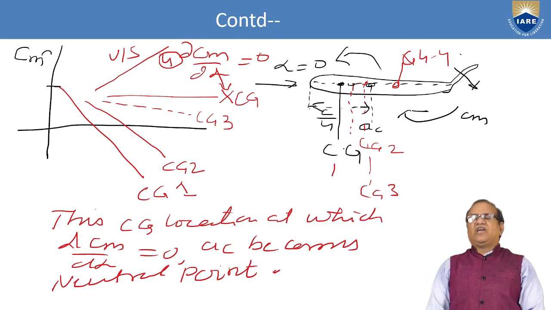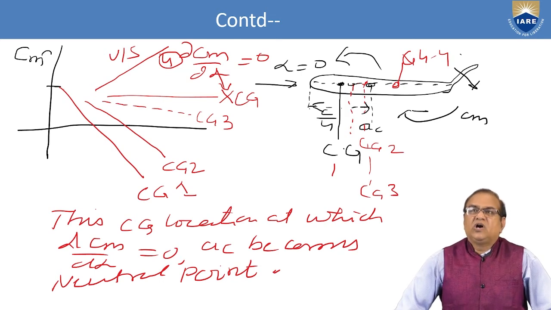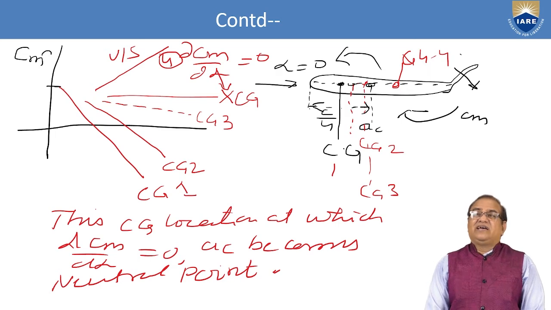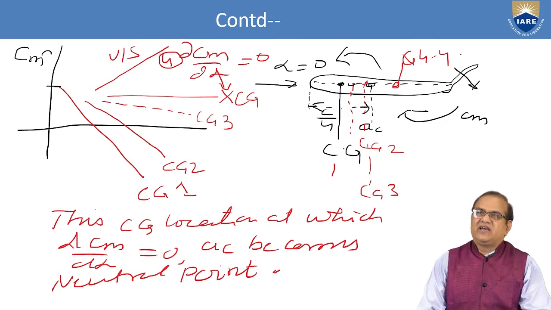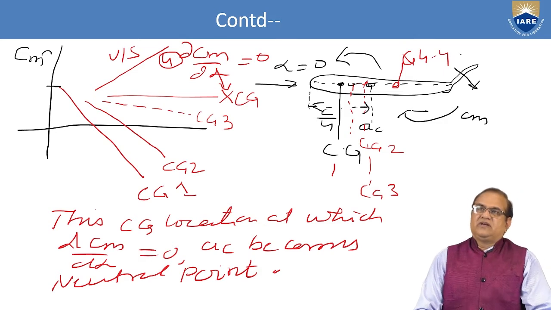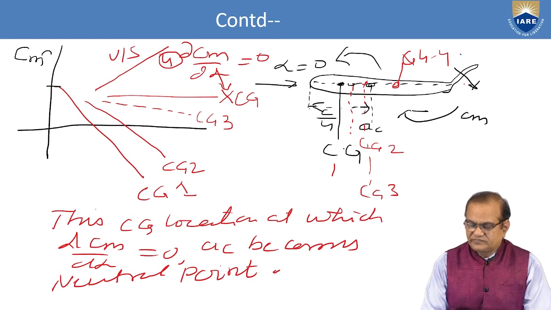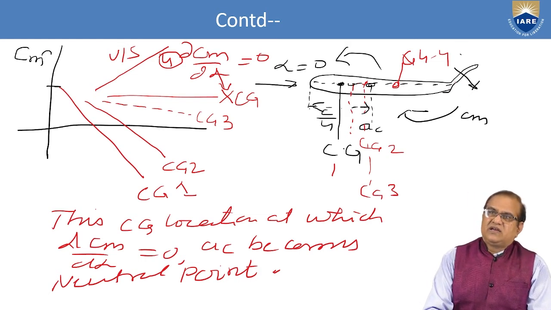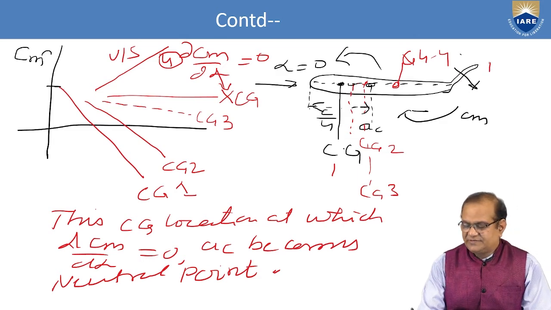Another understanding we have to see is the effect of the distance between the center of gravity and the aerodynamic center. Here I have shown one wing, and this wing is called a reflex wing.